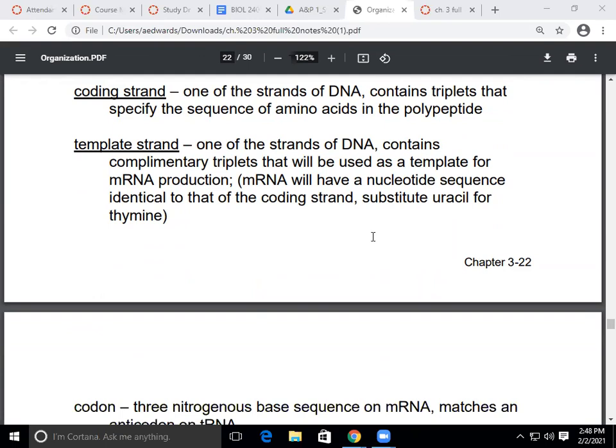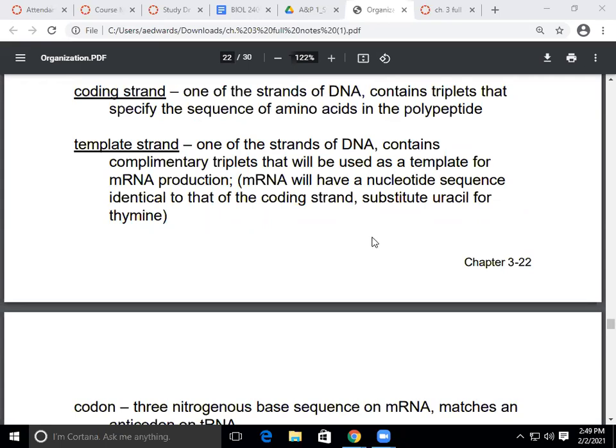All right, 2 strands that you need to make sure you understand, what they are and how they're different. Your coding strand: DNA, if you remember, is double-stranded, so DNA has 2 strands. One of those strands is a coding strand, and it has the triplets that are specifying your sequence of amino acids. Now you also have a template strand, which is the other strand of DNA.